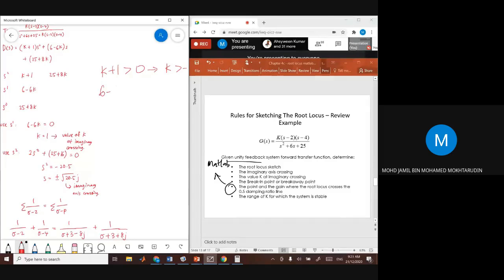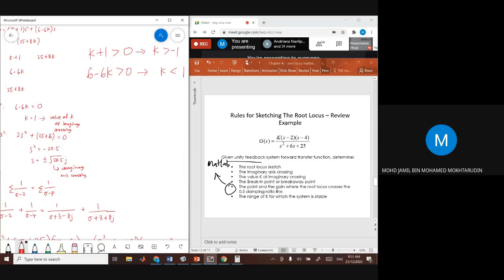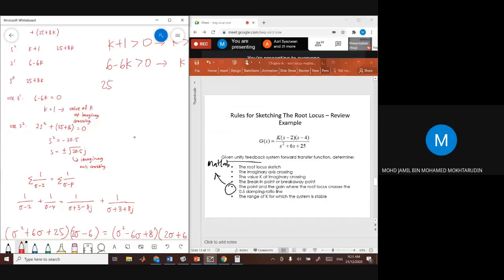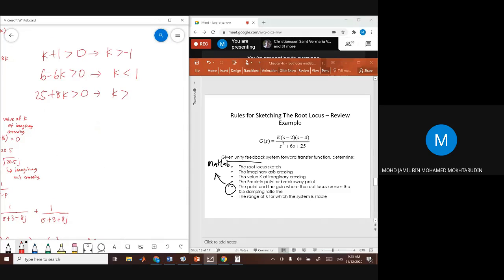6 minus 6K bigger than 0. You get K smaller than 1. And then 25 plus 8K bigger than 0. You will get K bigger than minus 25 over 8.